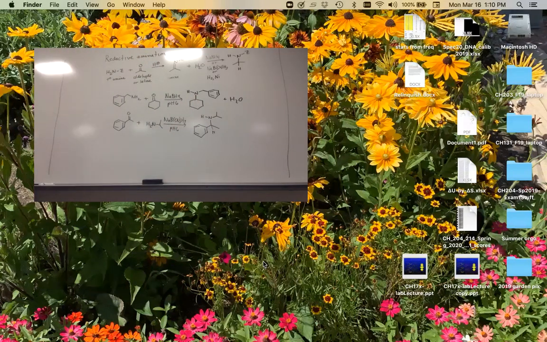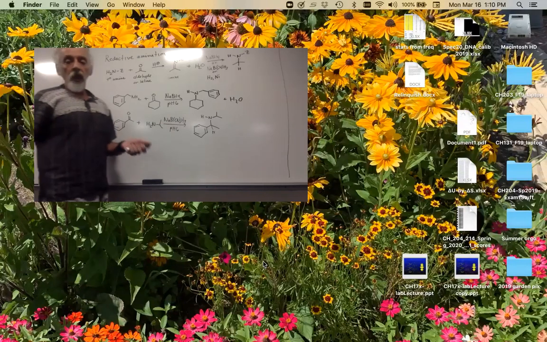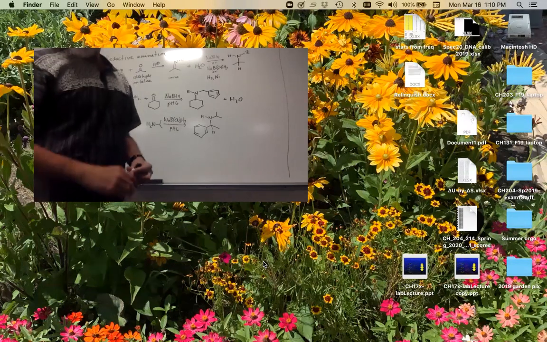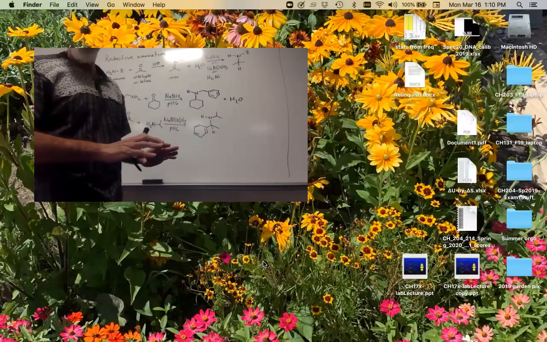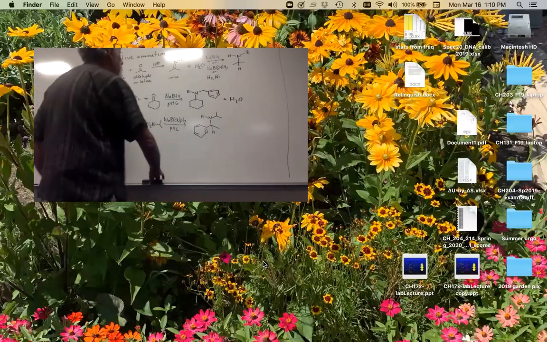So that would be the structure of the product there. Okay, so that's reductive amination. Let's try reductive amination in a synthesis problem.